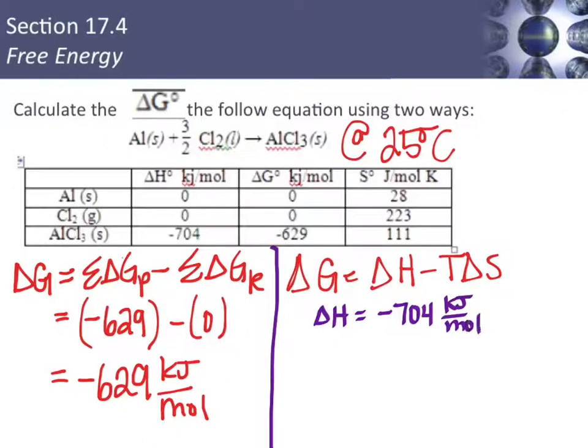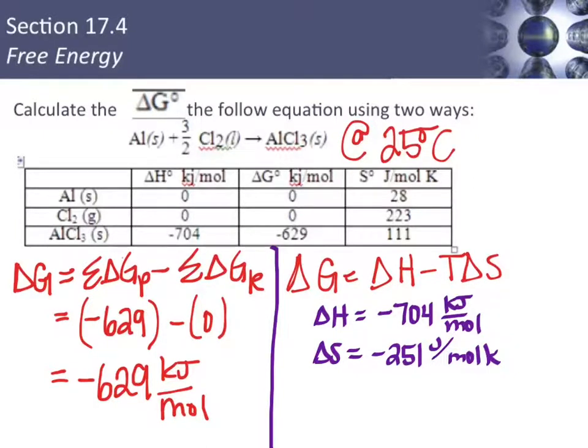Is that what we found yesterday? Yes. And we need delta S, which is negative 251 joules per mole K. That's what we figured out yesterday, if you flip back a couple of pages. And I think delta S is number 3.